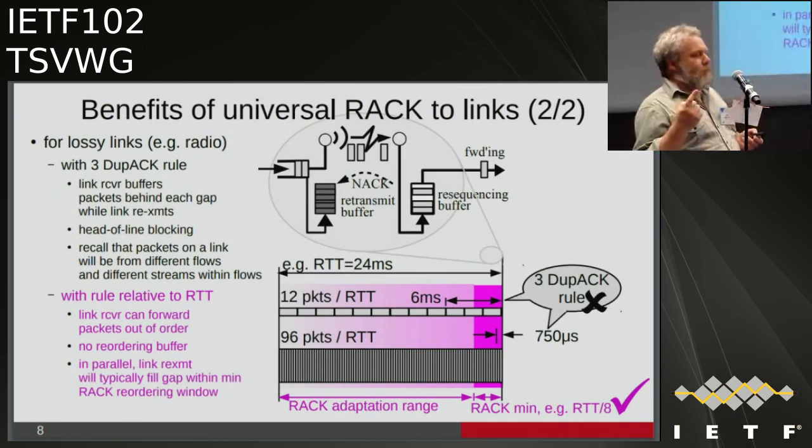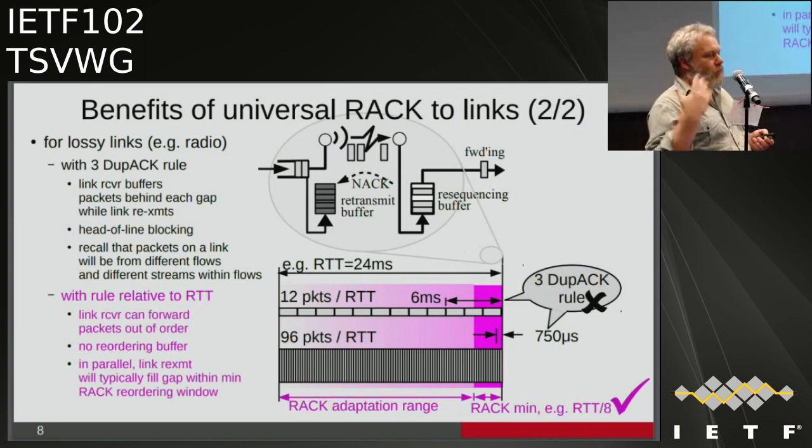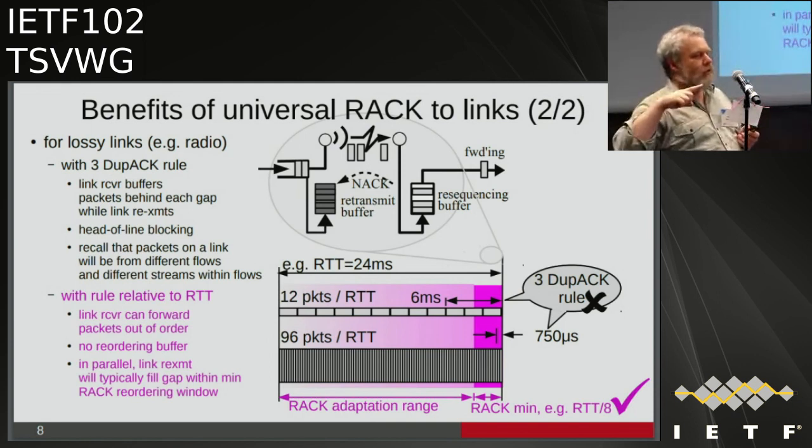So then there's a second benefit of rack to links, and that is if you've got a lossy link, like a radio link, with the three duplicate ACK rule, you quite often have a link layer retransmission going on to heal the radio losses.